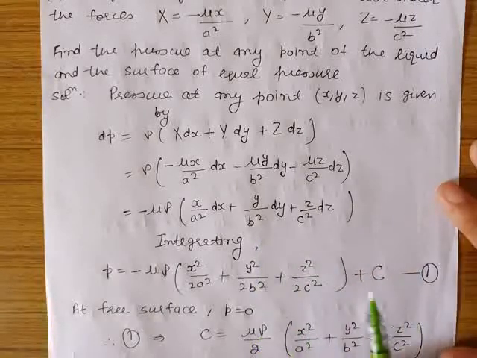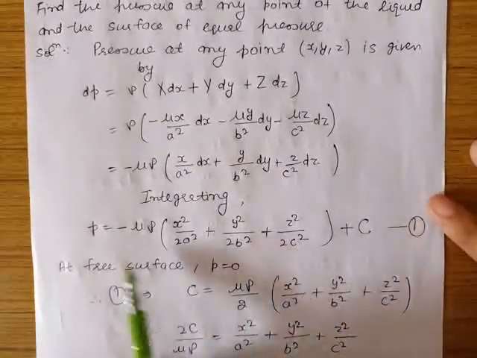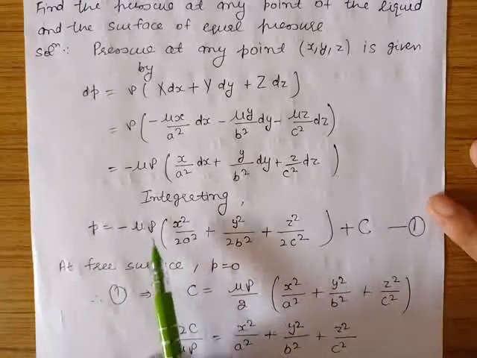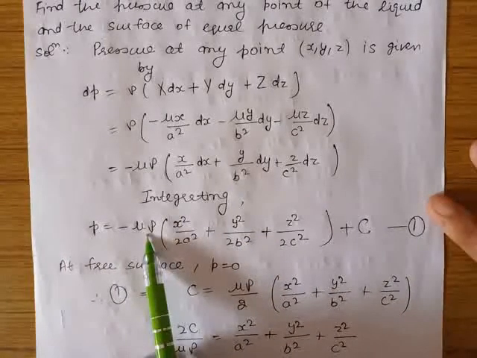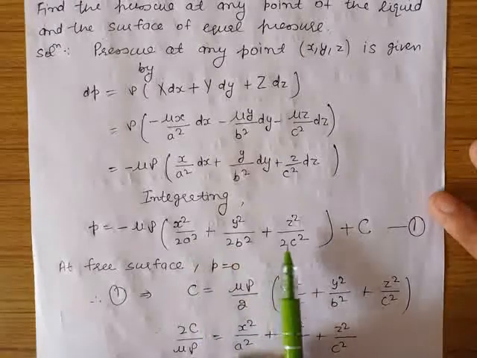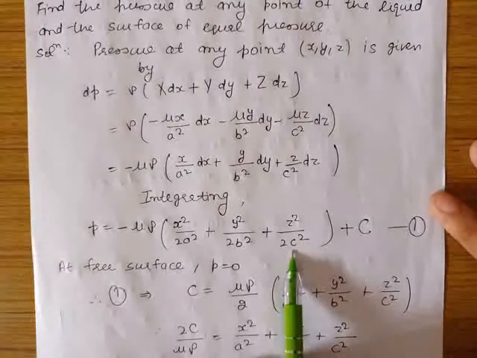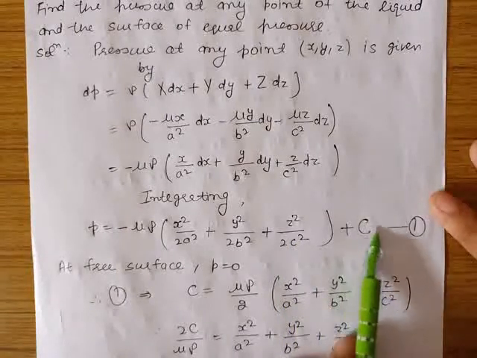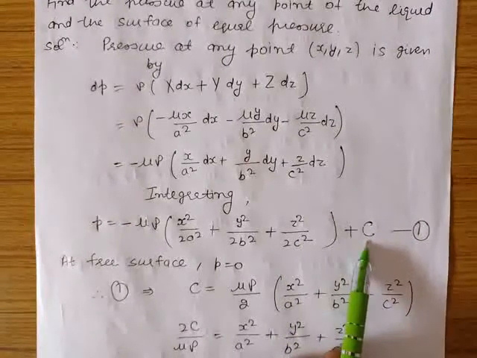Now integrating, we get the value of p, which is given by minus mu rho into x square upon 2a square plus y square upon 2b square plus z square upon 2c square plus c, where c is the constant of integration.